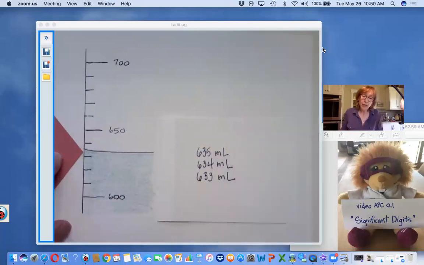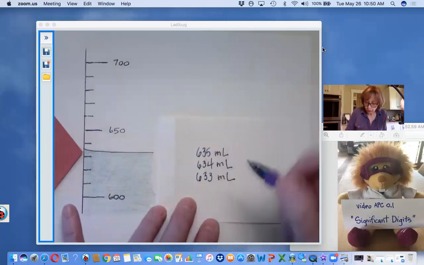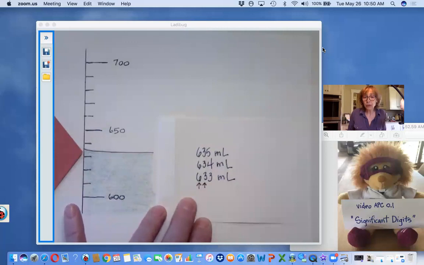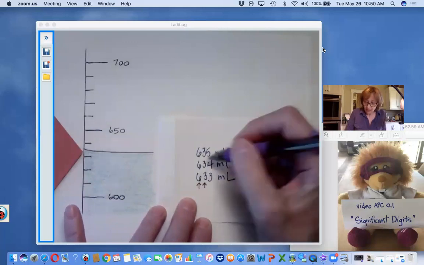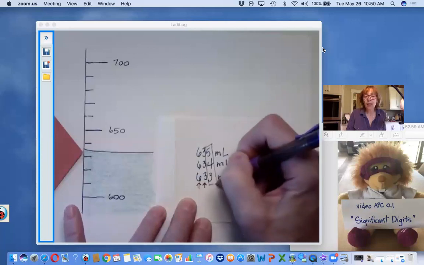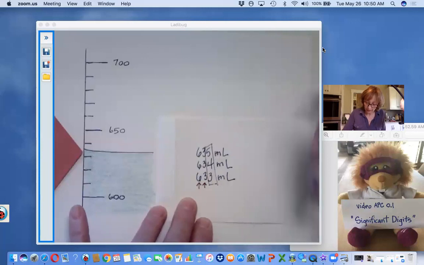Okay, all of those measurements are valid because in each case, all of the people doing the measuring were certain of 630. So there were two digits that were certain. And then this last digit that they recorded, the ones place in this case, was the one that was being estimated.